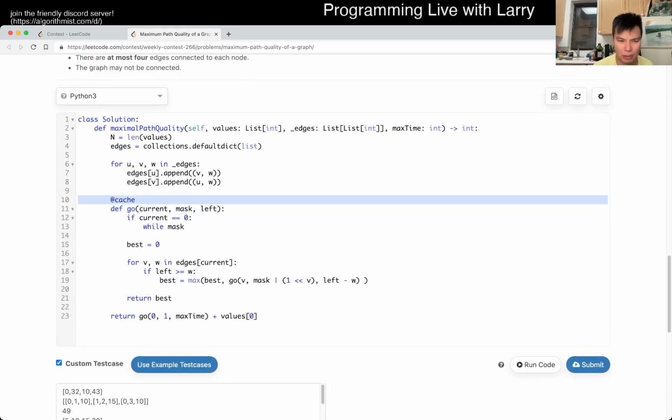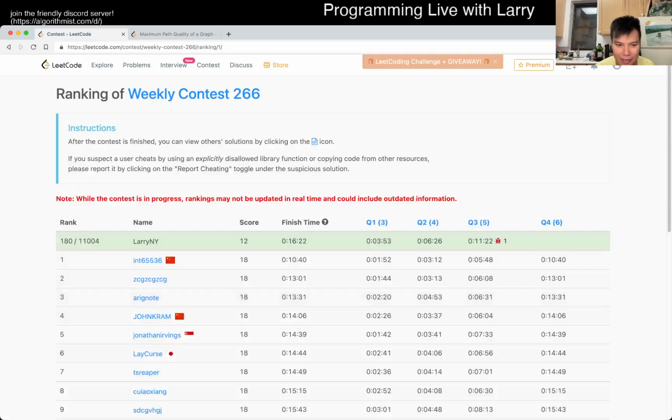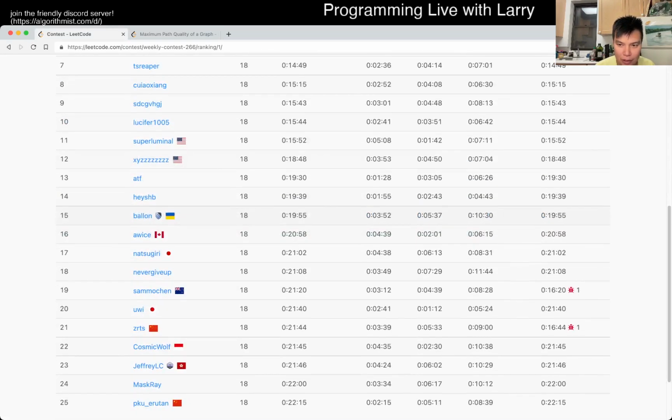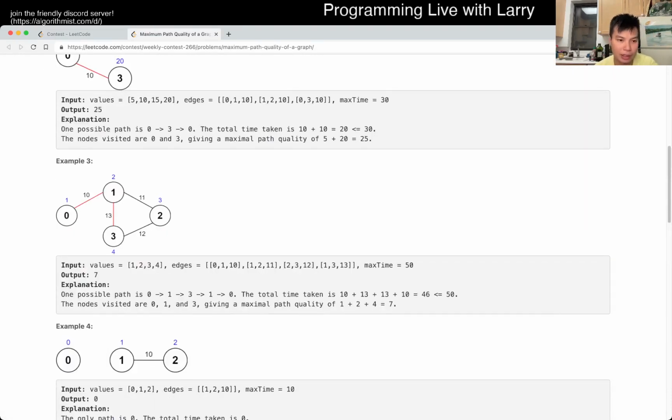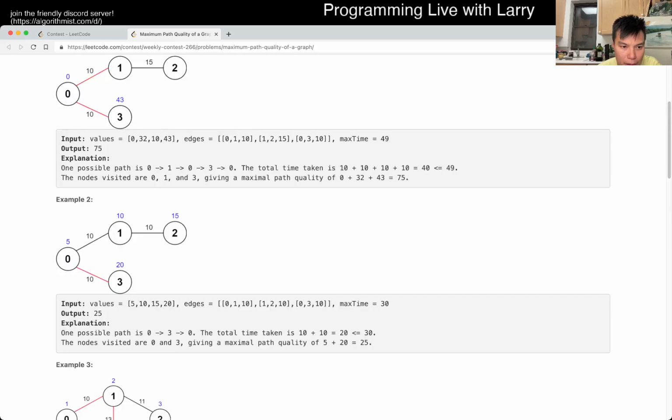Well, yeah, this is so weird. A lot of people have gotten it, so it must be something that I just don't know. But the starting at 0 part is a little bit dubious.